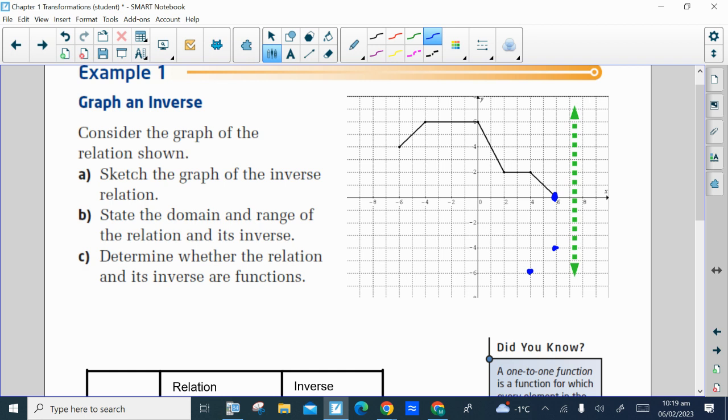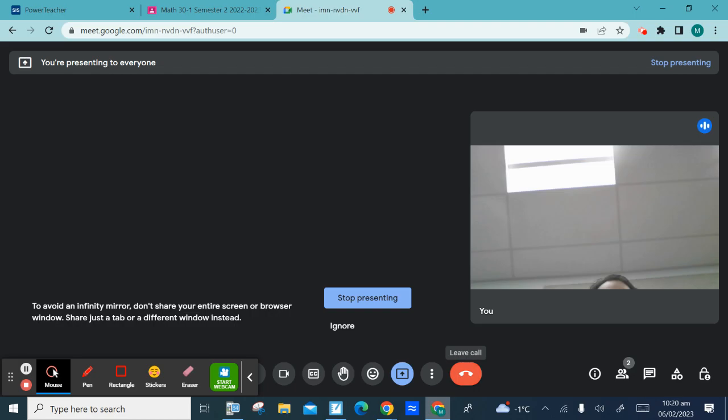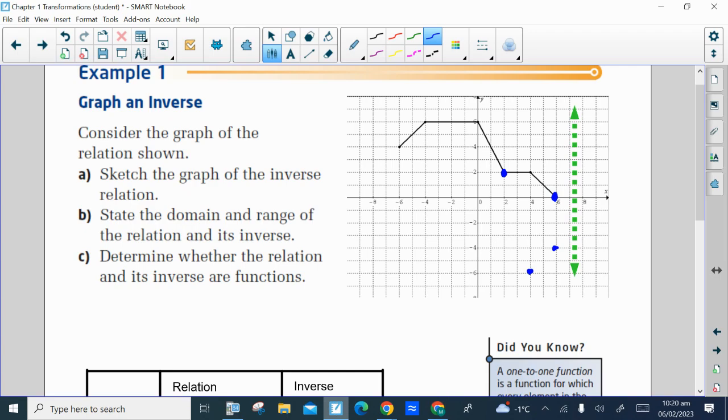So then we have the point 2, 2. That is a true invariant point because when you switch the 2's around, you get exactly the same point. It is on the line y equals x. So it is a true invariant point. Okay, next we have 4, 2. That becomes 2, 4. And then we have 6 comma 0, that becomes 0 comma 6 again.